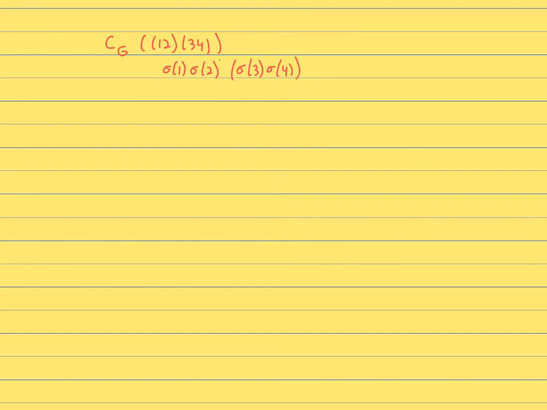It's 2 disjoint transpositions. And you want that to be equal to 1, 2, 3, 4. What's going to have to happen? Well, what are the possibilities? Either 1 and 2 swap places, 3 and 4 swap places, or they both swap simultaneously somehow.